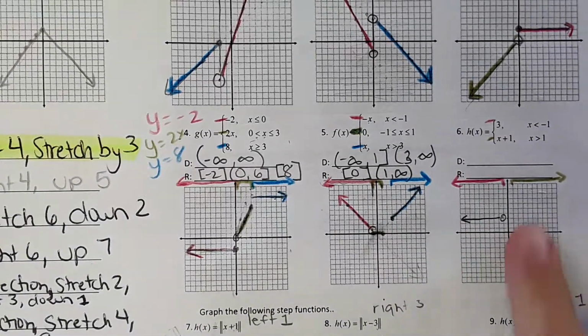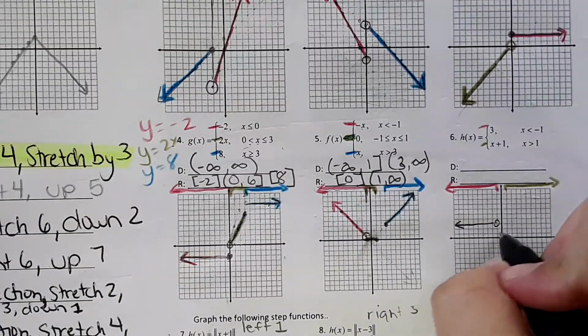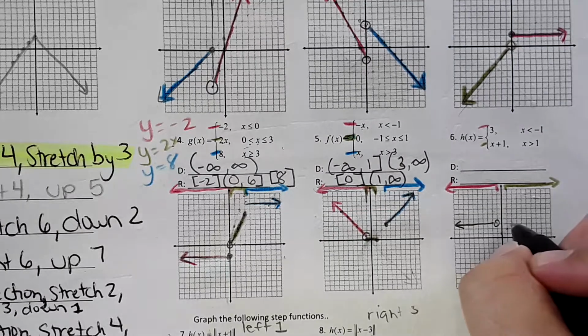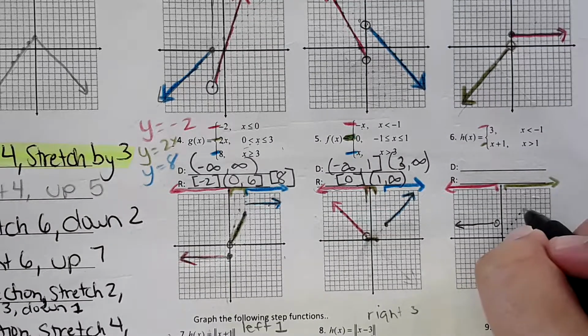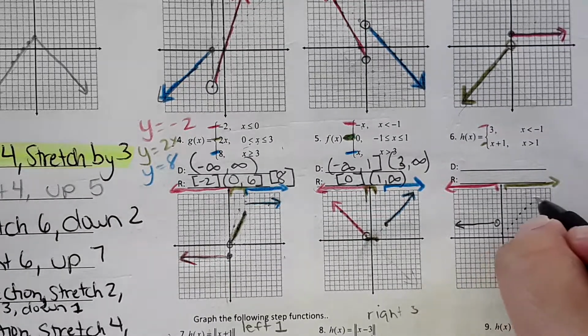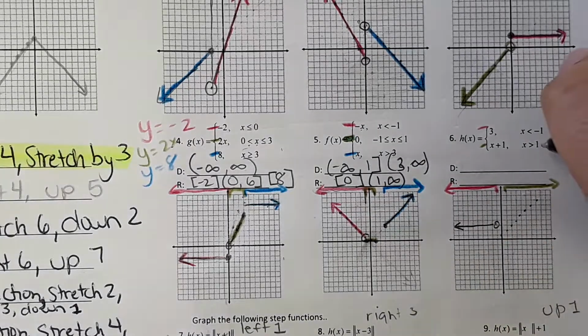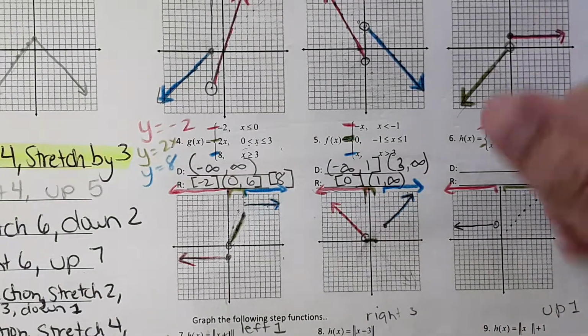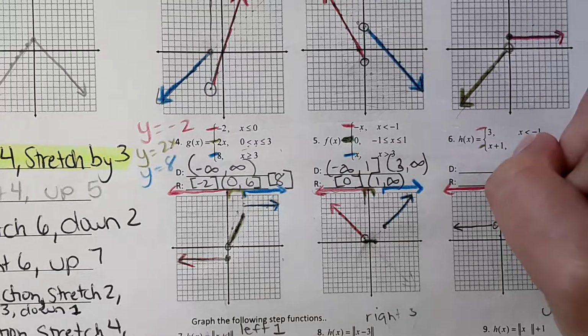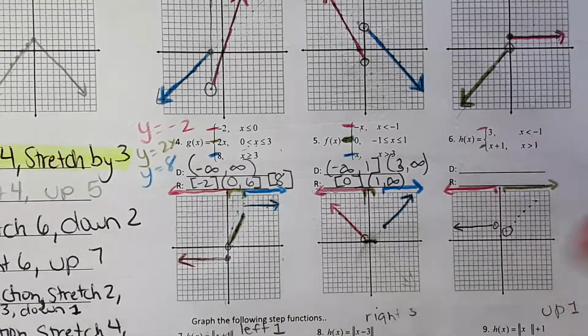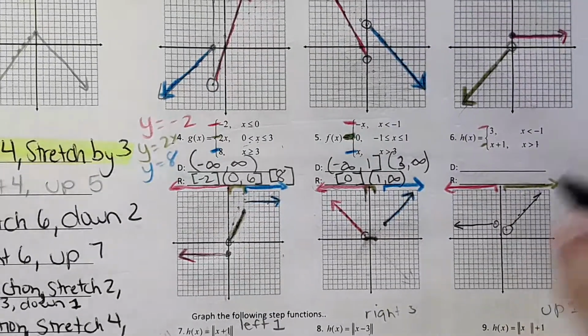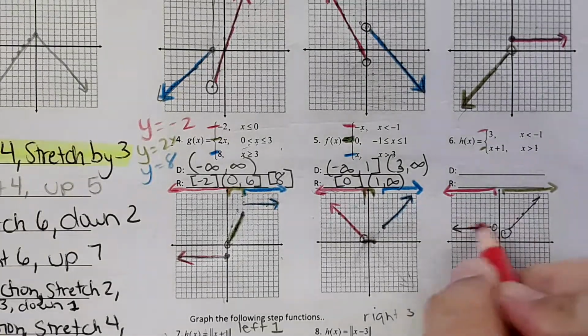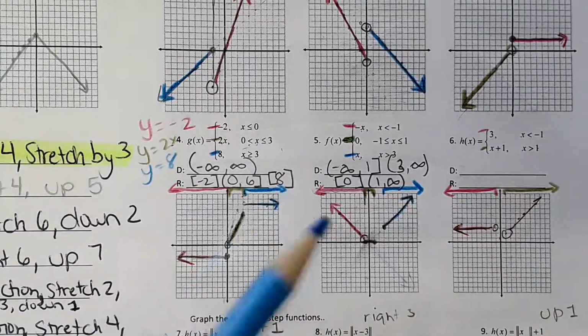And then y-intercept of 1 and the slope of 1 goes like this. Will this be on school? Yes, it will. I'll upload the recording. And then open dot at 1. And up to infinity and beyond. So this would be red. This would be green.